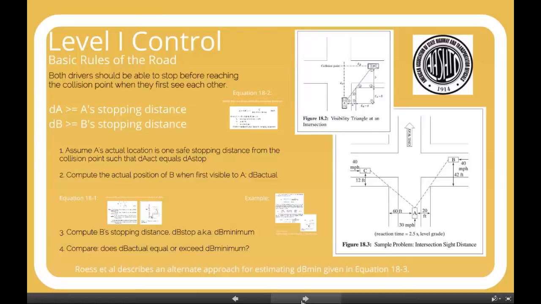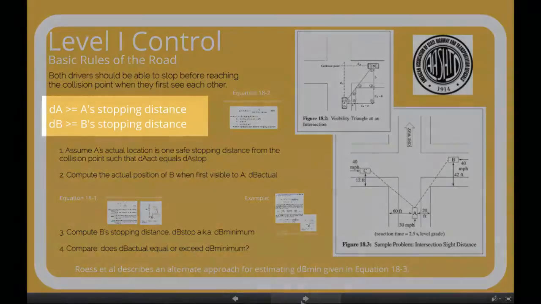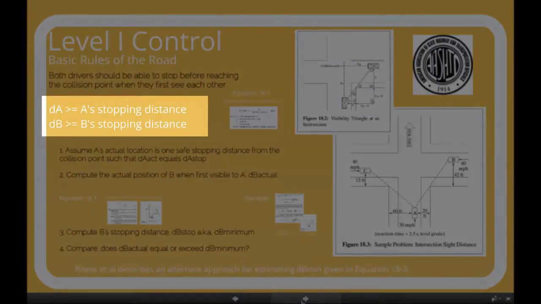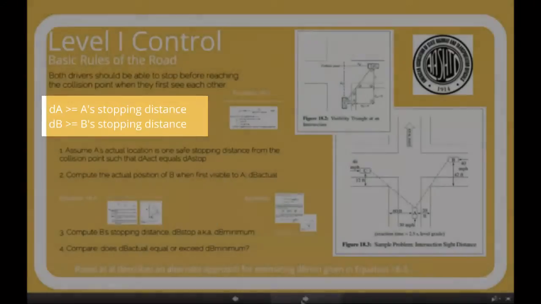The right-of-way rules are spelled out in each state's vehicle and traffic law. Before permitting this type of control, the sight distances must be analyzed to ensure they are sufficient for drivers to judge and avoid conflict. It is necessary that dA be at least as great as A's stopping distance, and that dB be at least as great as B's stopping distance.